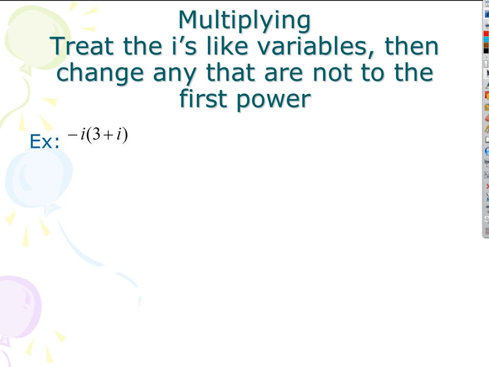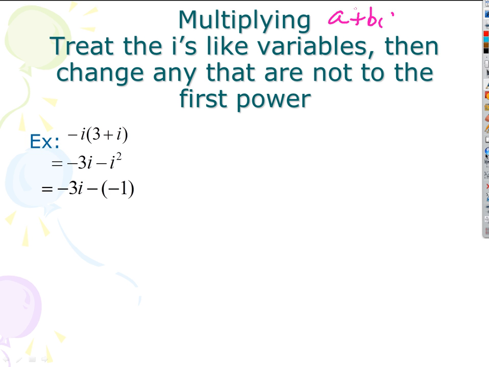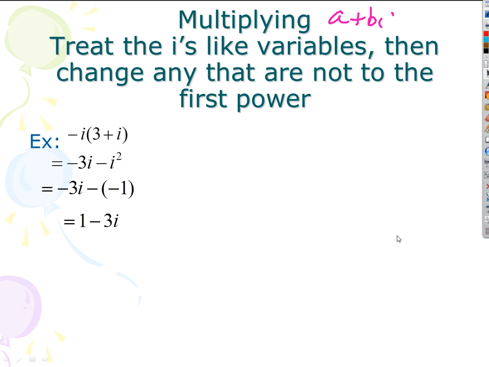Whenever I see an i squared, automatically I turn it into a -1, and that's it. That's our answer. So -3i plus 1, but we want to write it in standard form. Remember that we always want to write it in the form a plus bi, so the number goes first, right? So it'd look like 1 minus 3i, okay?